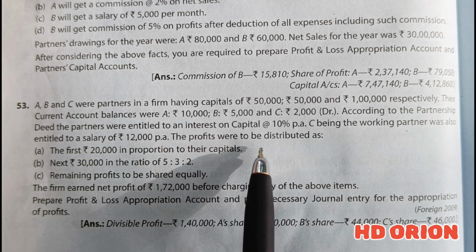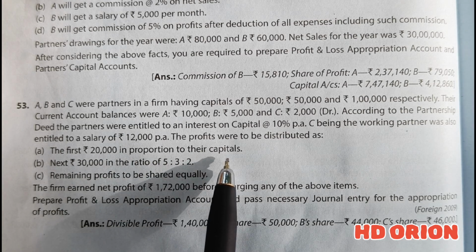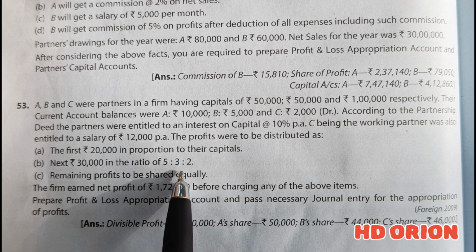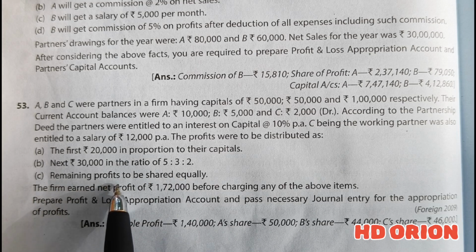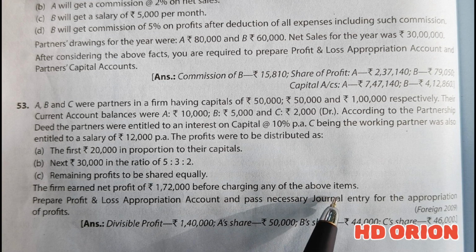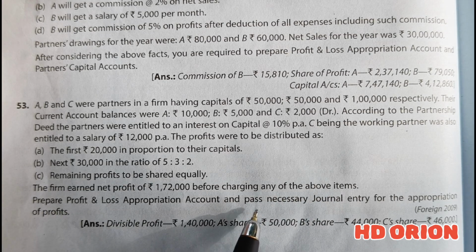The profits were to be distributed as the first 20,000 in proportion to their capitals, the next 30,000 in the ratio of 5:3:2, and the remaining profits to be shared equally. The firm earned a net profit of rupees 1,72,000 before charging any of the above items. Prepare the profit and loss appropriation account and pass the necessary journal entry for the appropriation of profits.